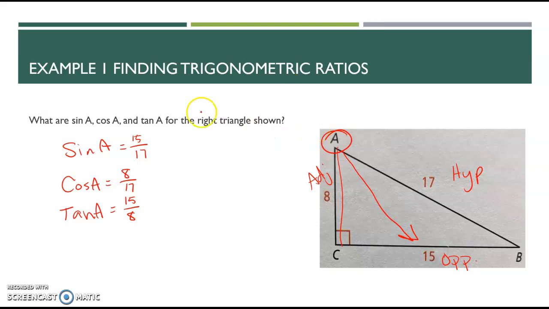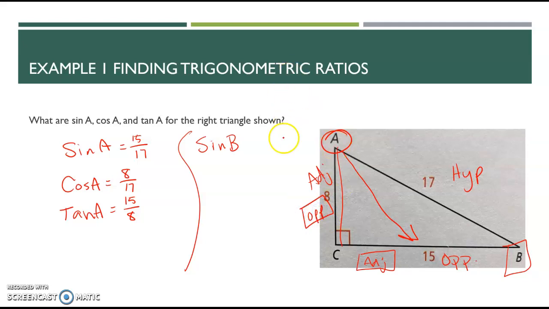Now, if I were to write them for angle B, I would do sine of B, but they would flip-flop, right? For B, if I'm looking here, this one is my adjacent, and over here is my opposite. And so for sine B, we would have 8 over 17. My hypotenuse never changed.